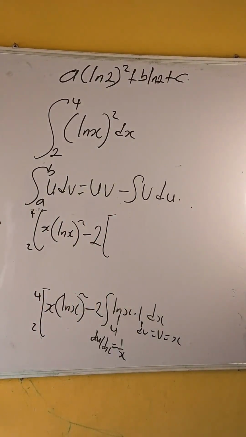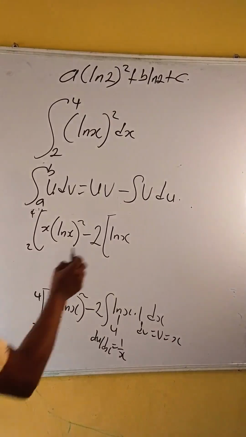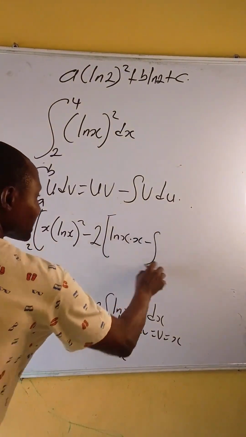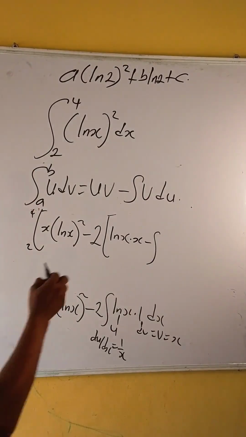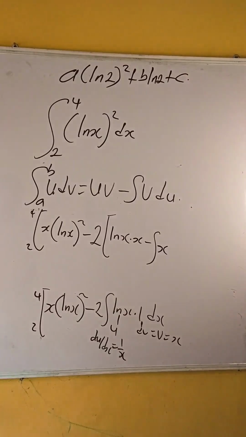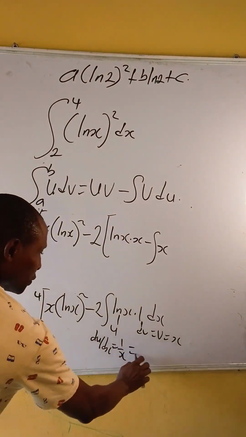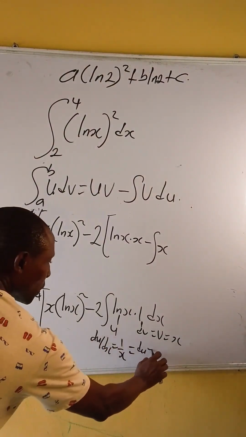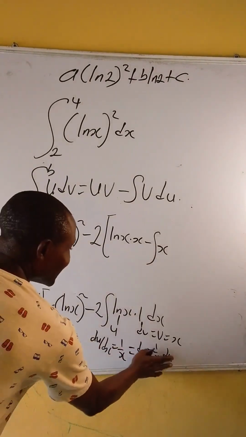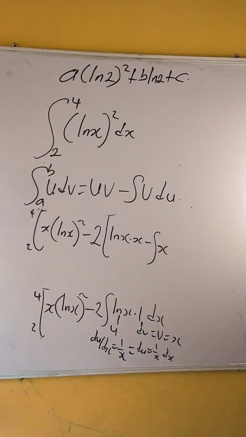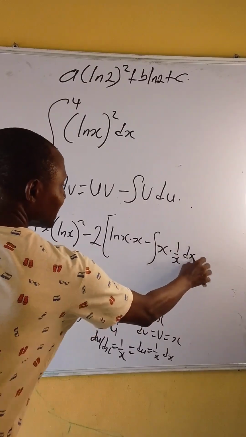So we have our u. What is the u? U is ln x. What is the v? V is x, minus integral. Now, if you look at your du/dx here, and cross multiply, your du becomes 1 over x dx.